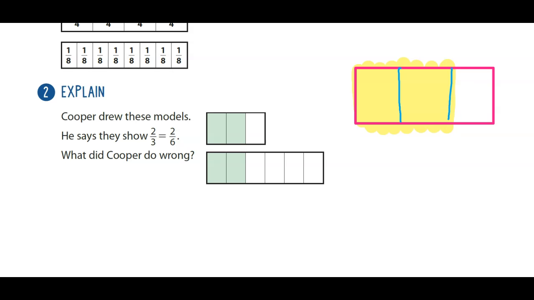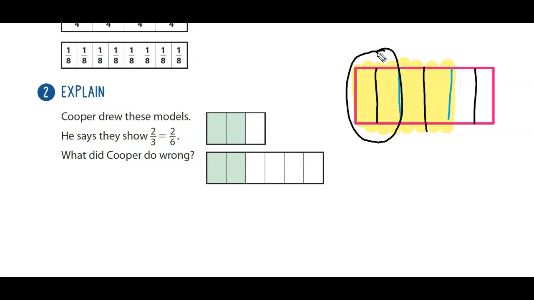If he wants to know if it's equal to 2/6, if I just cut it in half like this, this part right here is 2/6. So is 2/6 equal to 2/3? No, it's not.